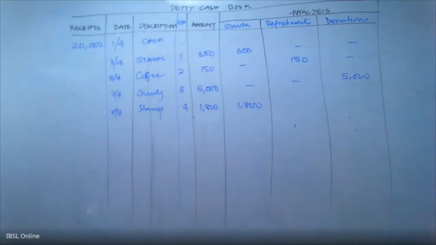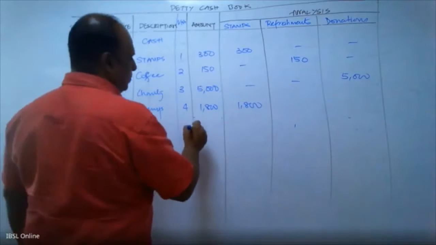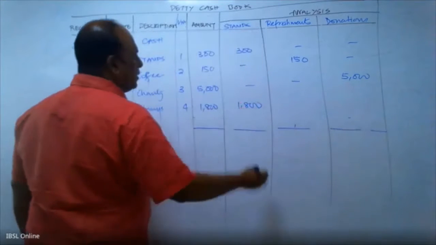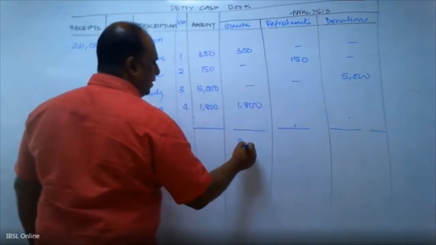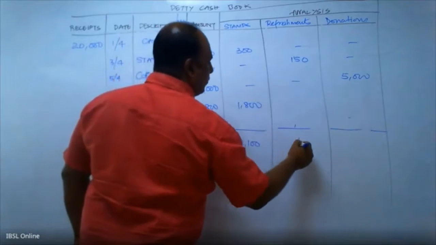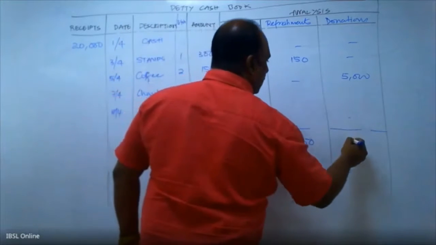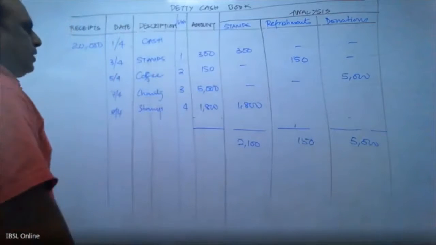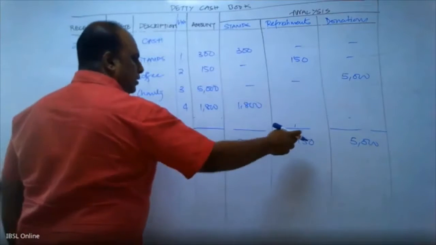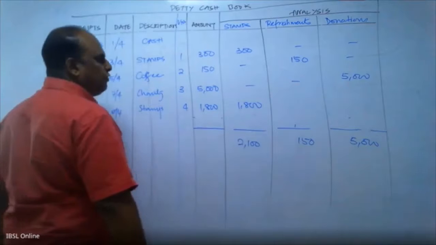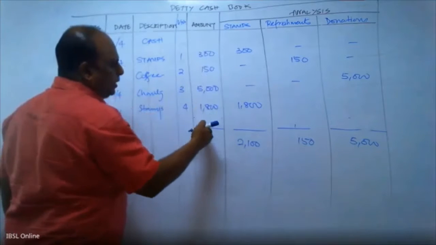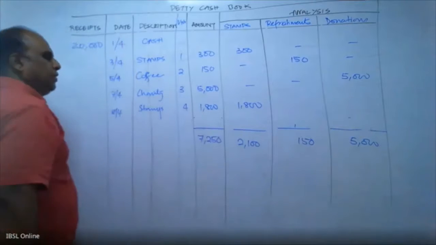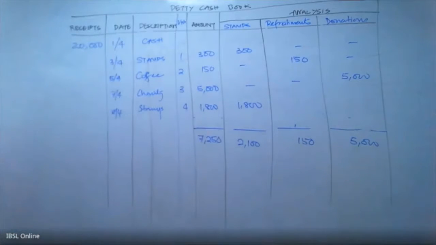So now you can find the totals. 2,100 here, 150, 5,000. So how much is that now? 7,250. Even when you total this, you should get 7,250.